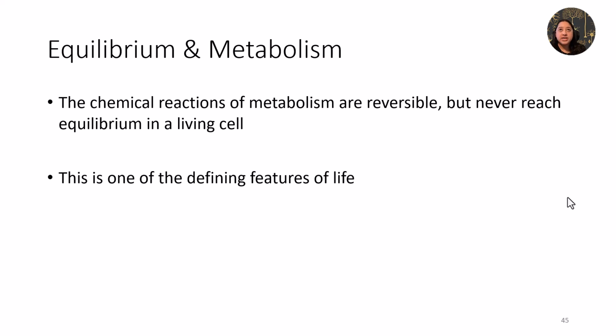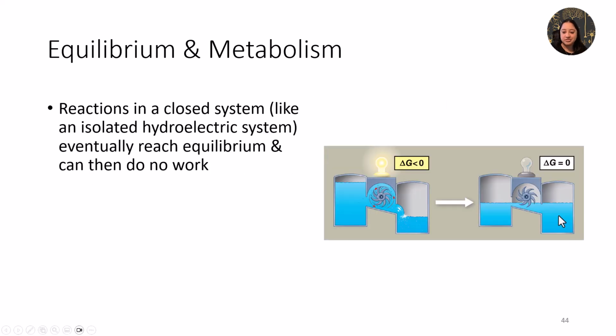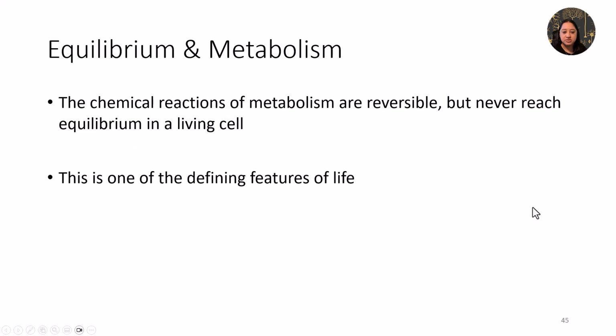And so in a cell, in a living thing, the chemical reactions of metabolism are reversible, but they never reach equilibrium. And so in a cell, this forward and backward reaction is reversible, but never really at equilibrium, because humans and organisms that are living aren't really closed systems.